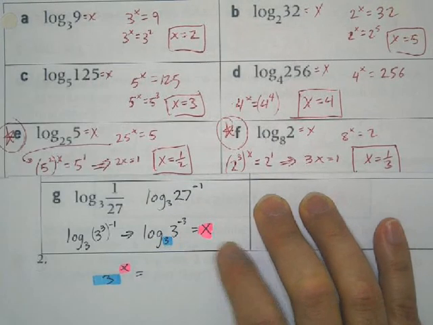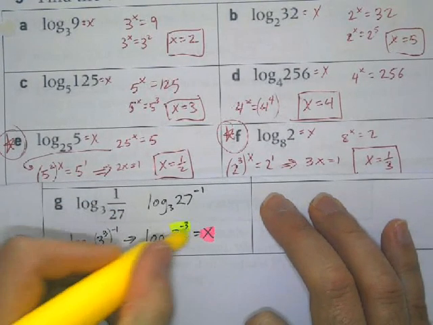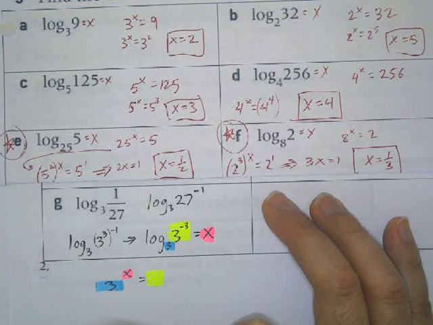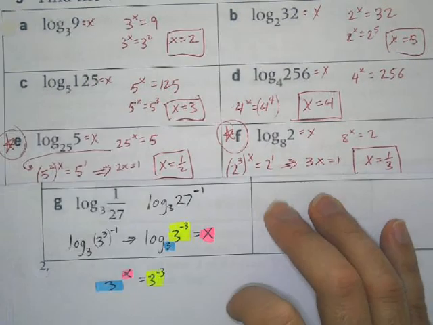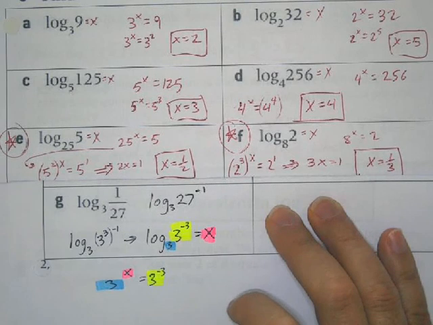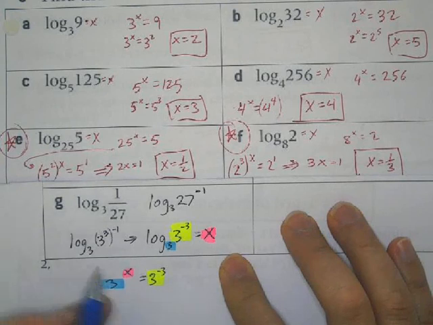My argument is this. Okay, so after switching it to this form, it should be clear that x has to be equal to -3.